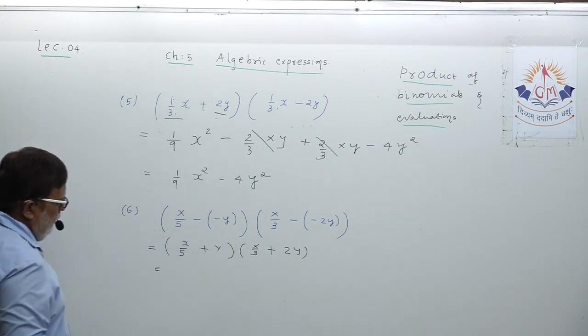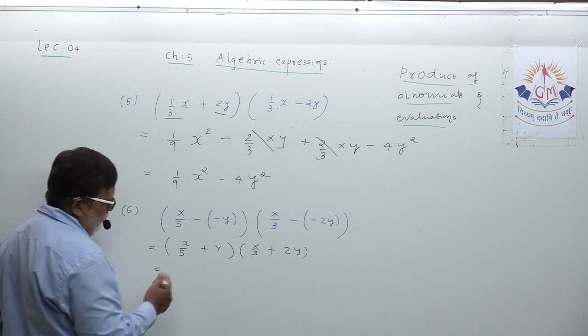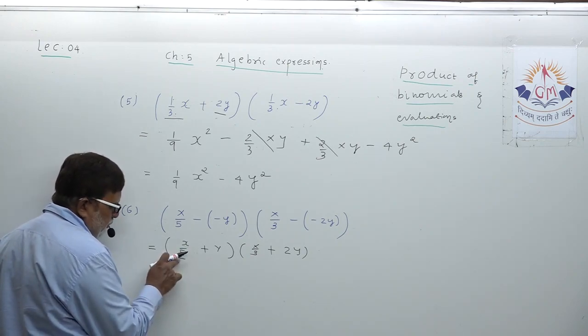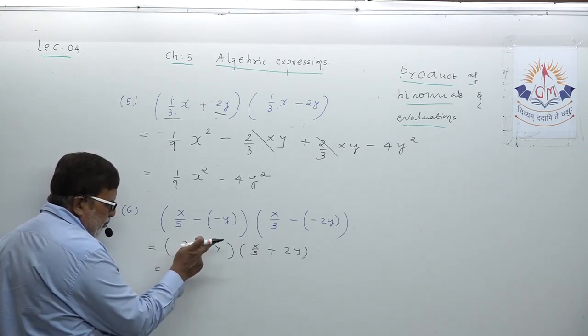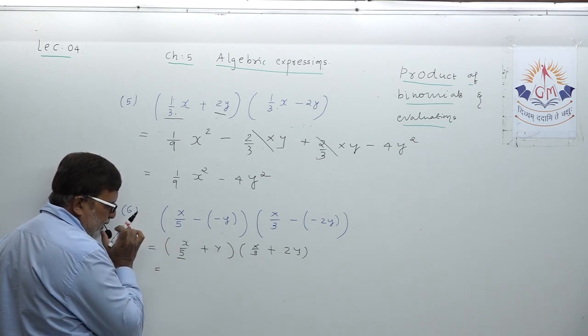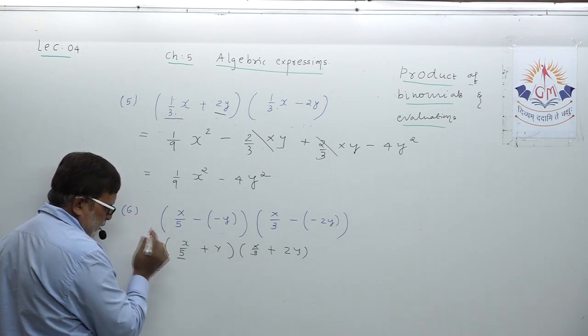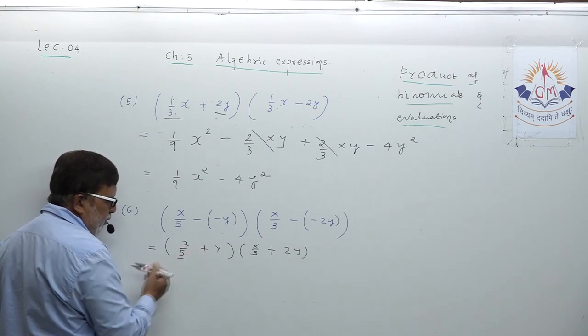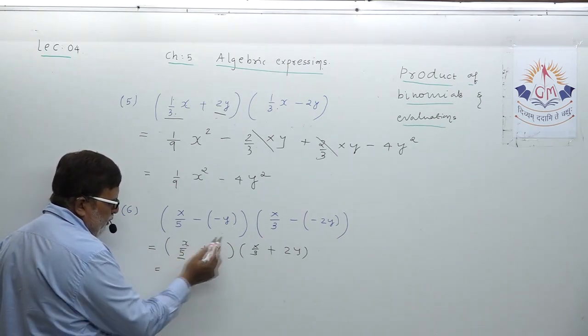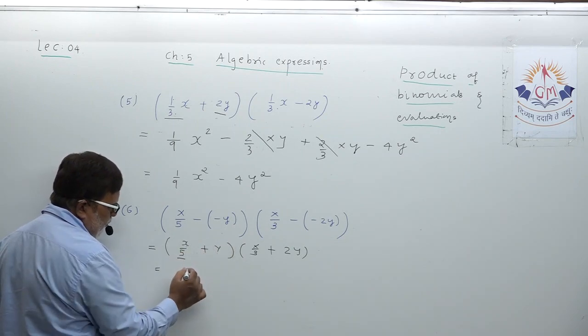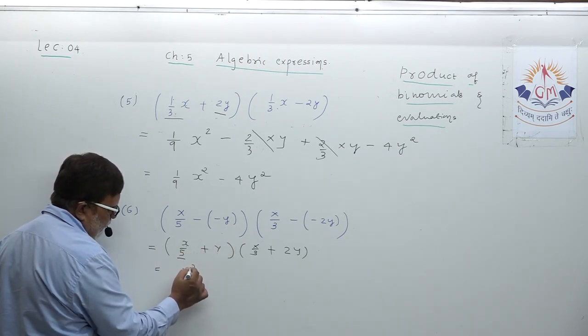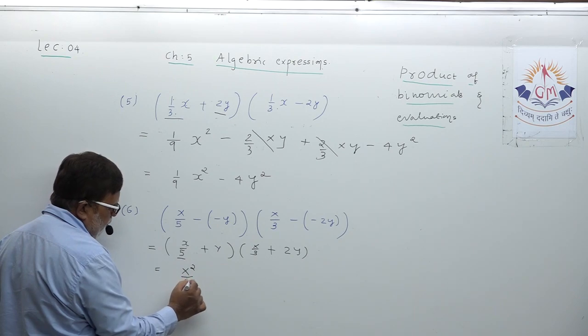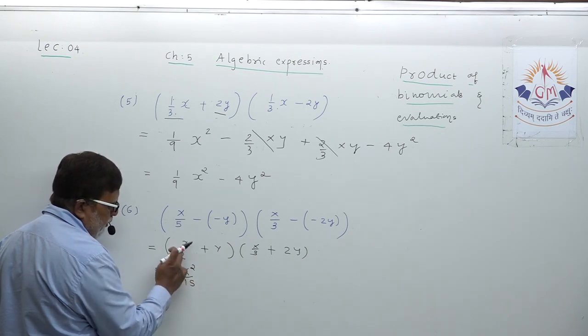Now as we continue the product, okay, first term target it, multiply with the second binomial, numerator to numerator, denominator to denominator, x into x, x square, 5 into 3, that is 15.